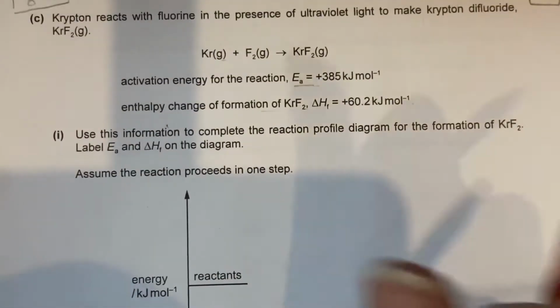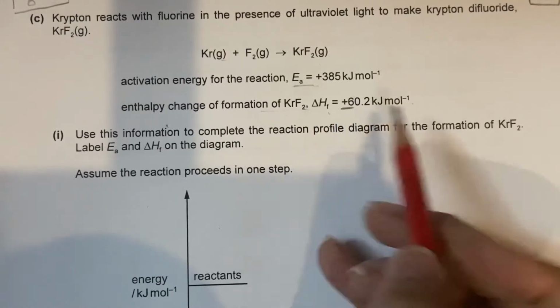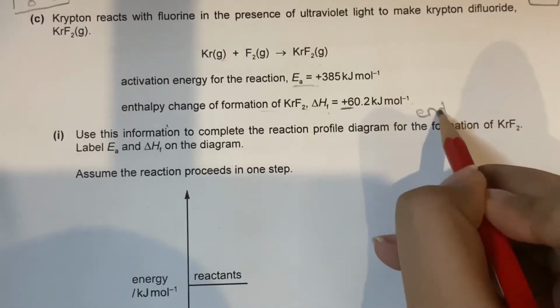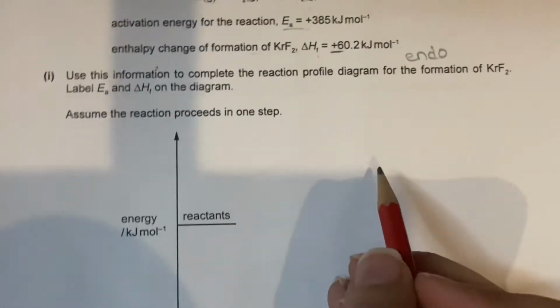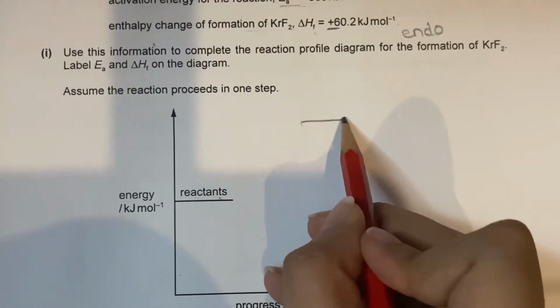So over here it says enthalpy change of formation is plus 60.2, which means it is an endothermic reaction, which means the reactants will have a lower energy than the products.